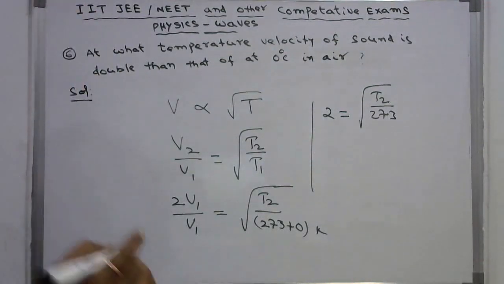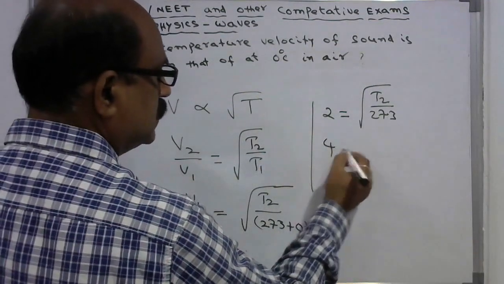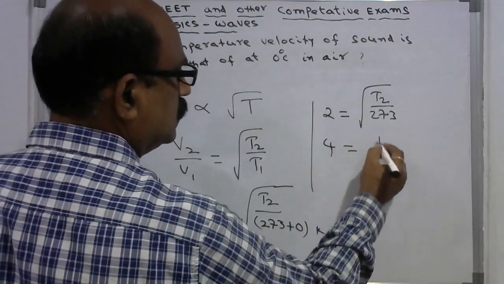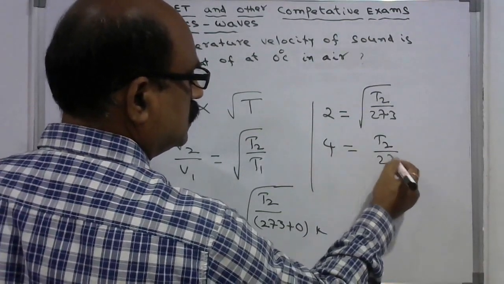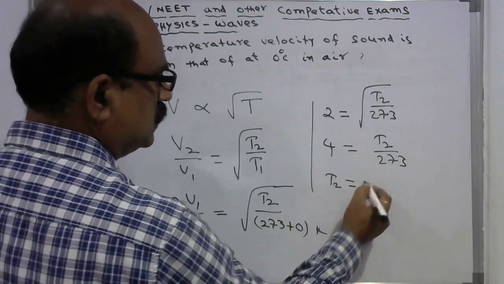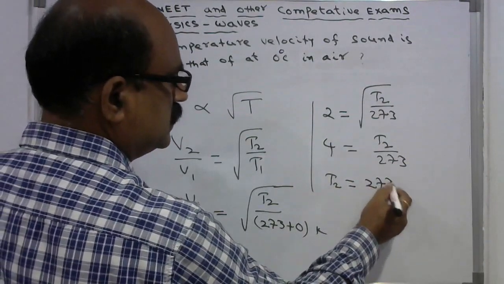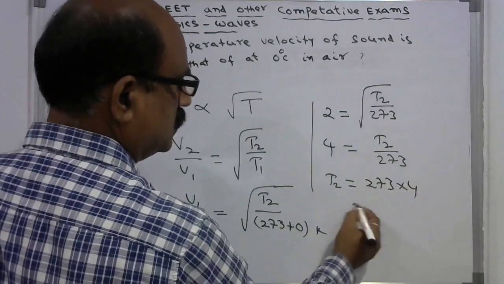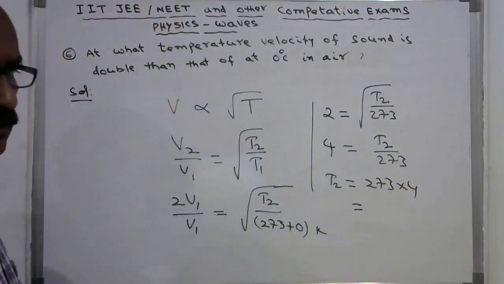Square both sides. You will get 4 is equal to T2 by 273, or T2 is equal to 273 into 4.